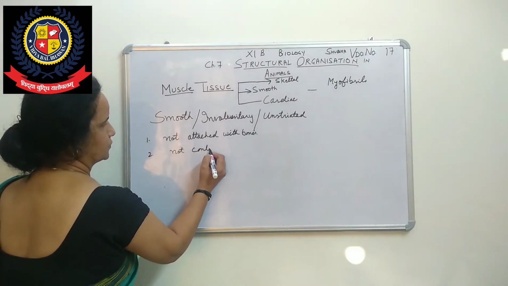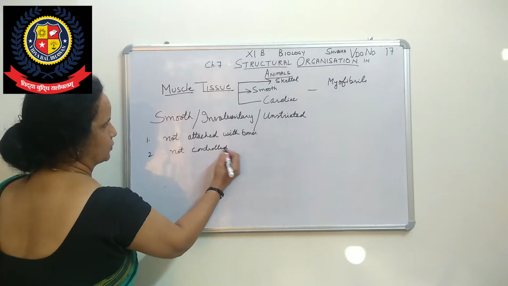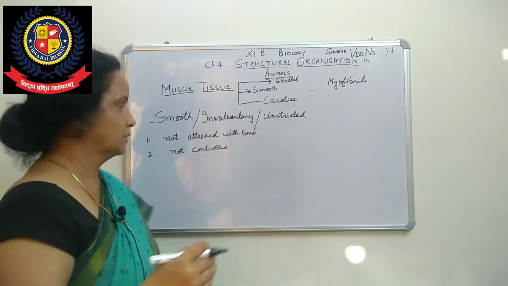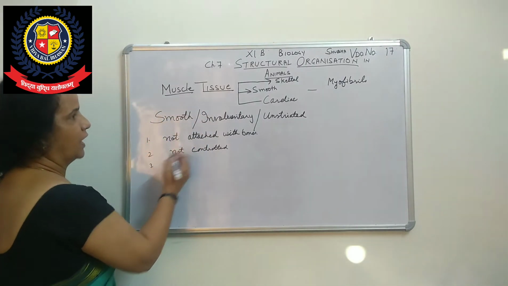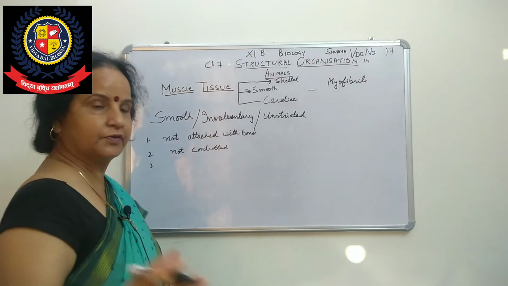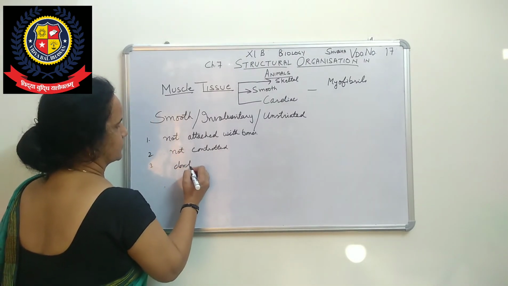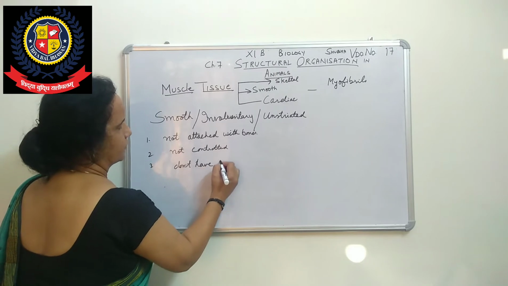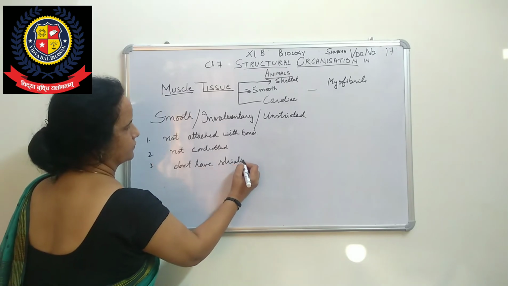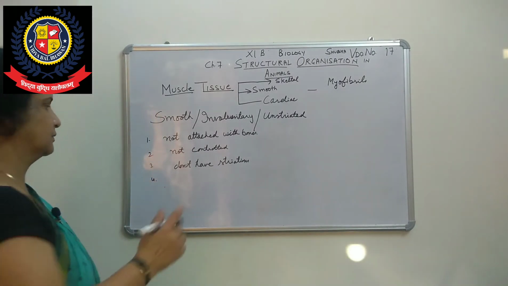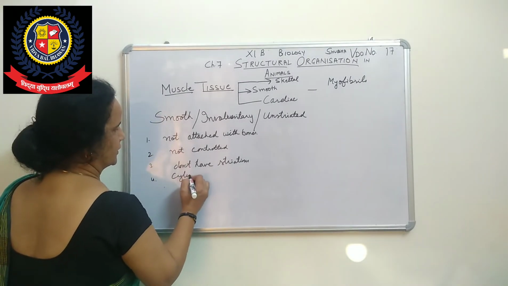It is not up to us. It will keep on moving. Third one, unstriated, means striations are absent. It doesn't have striations. Now, cylindrical: same, cylindrical.